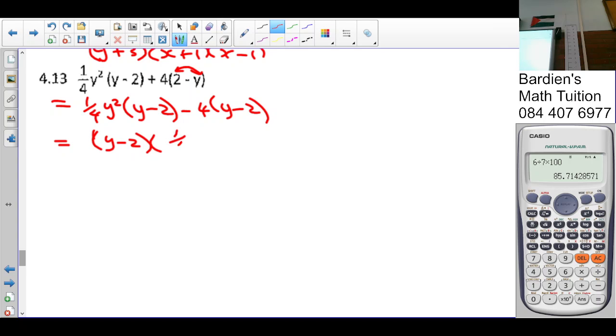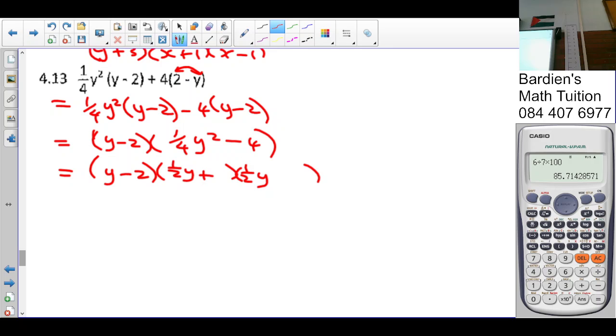What am I left with? A quarter y squared minus. You could have taken a quarter out as a common factor, or 4, or in this case I've just left it like this for now. But next year definitely you will take out the 4. But for now we leave it like this. So what do we get? 1 over 2y plus and minus.